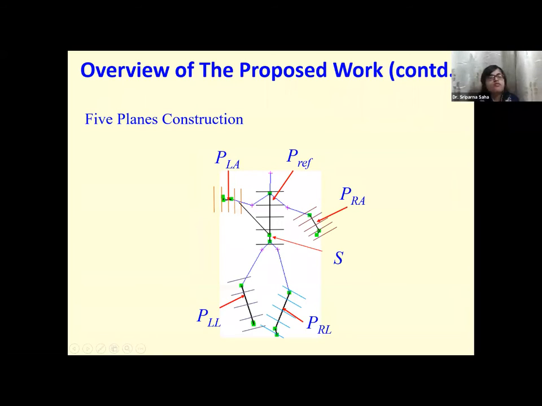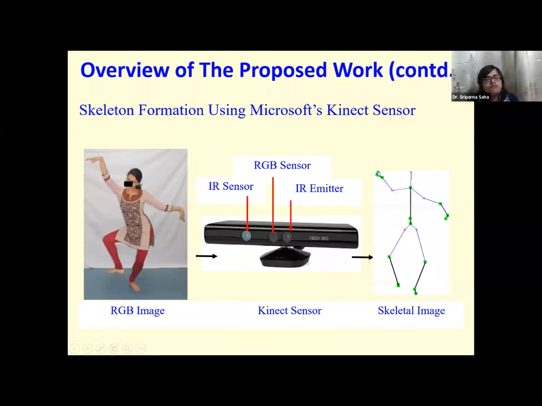Now here 5 planes are being constructed. One is PLA, a plane constructed after taking the joint information. Which joints? These are the 3 joints marked in green bold color. From the 3 joints, this plane, the left arm plane, is constructed.